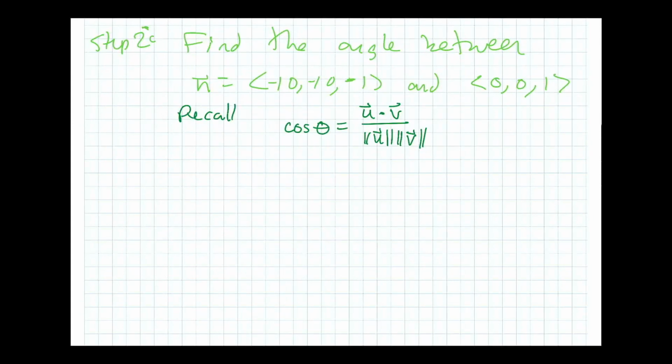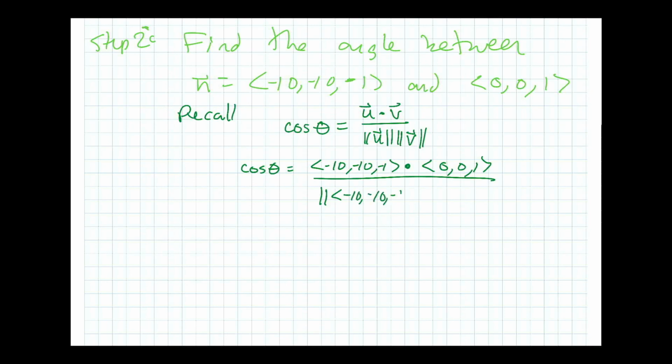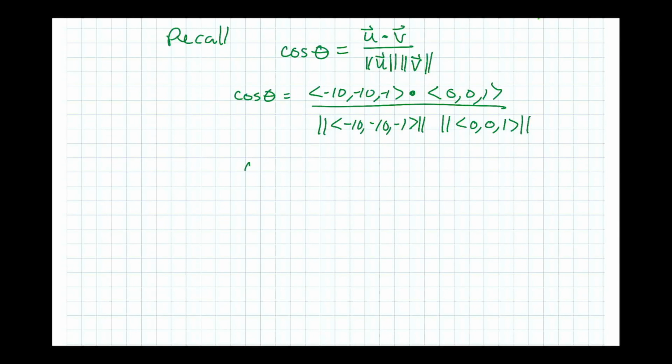So you have cosine theta is negative 10, negative 10, negative 1 dot 0, 0, 1 over magnitude negative 10, negative 10, negative 1, magnitude 0, 0, 1. So we work this out. The dot product's very easy, right? Because you multiply like components.